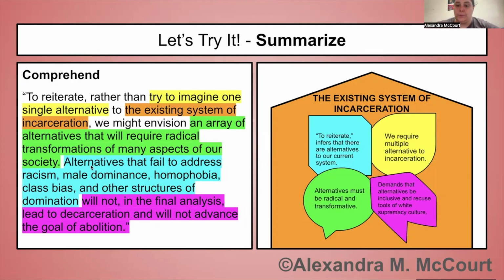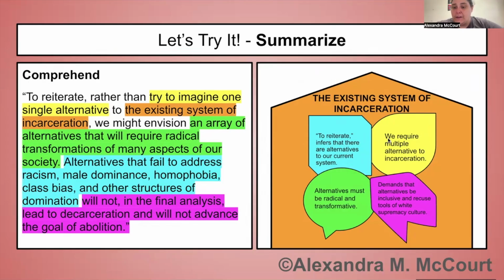So if I'm looking at the blue section here, alternatives that fail to address racism, male dominance, homophobia, class bias, and other structures of domination, I have here, to reiterate, infers that there are alternatives to our current system. I think I miscolor coded that. I think I wanted this one to be yellow. Try and imagine one single alternative.